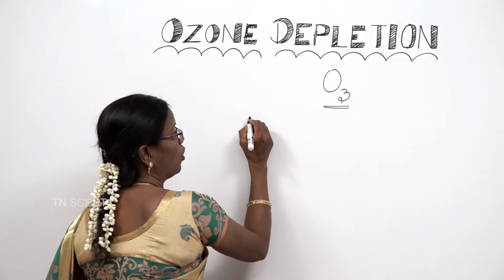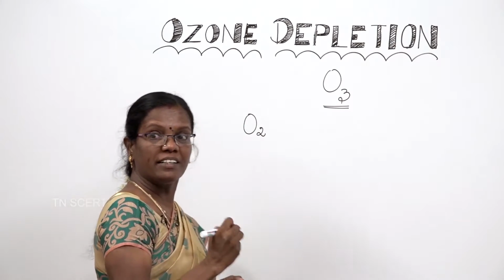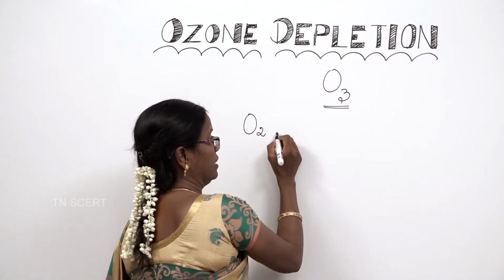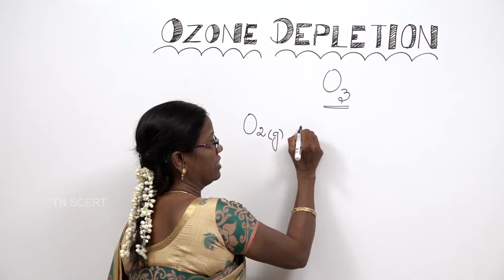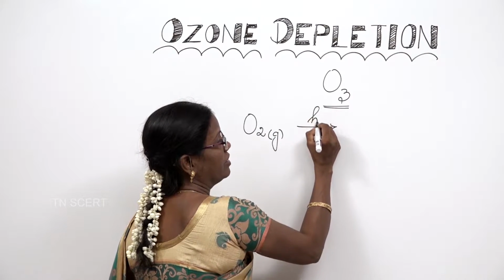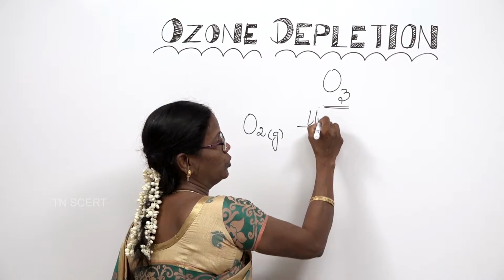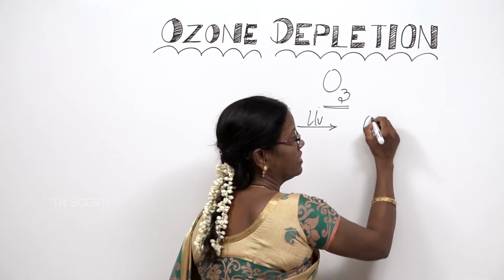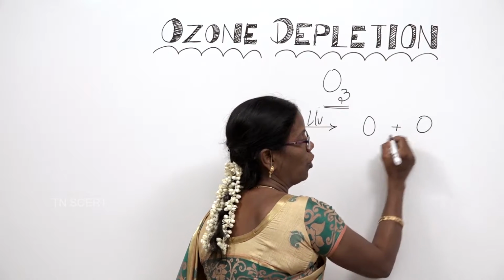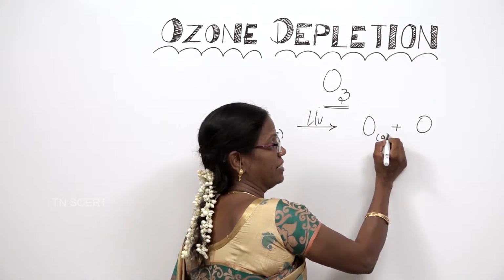See, oxygen, that is molecular oxygen, is present in the stratosphere, which is in gaseous state. This oxygen, in the presence of UV light, is converted into oxygen which is in the atomic state.